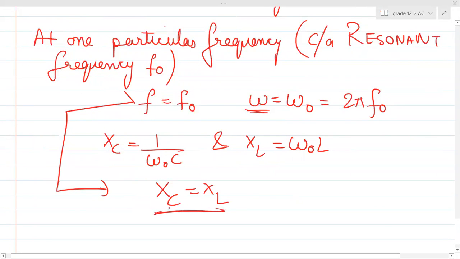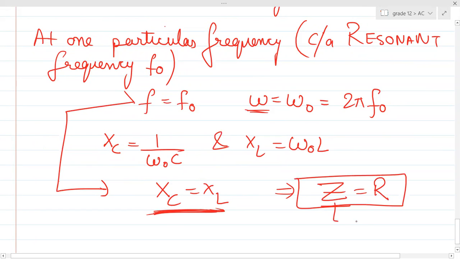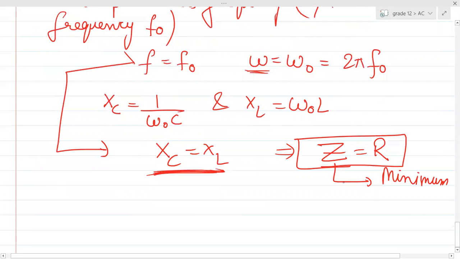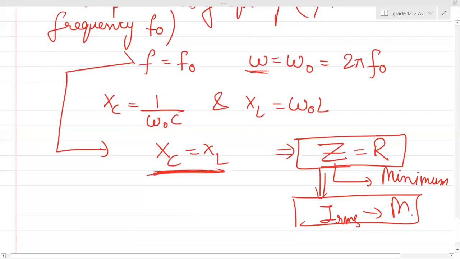When XC and XL are equal, do you know the consequence? At this time, the impedance Z becomes R. Can you see this is the minimum possible value? We already discussed this. So Z becomes minimum, the current IRMS becomes maximum, and the power also becomes maximum.